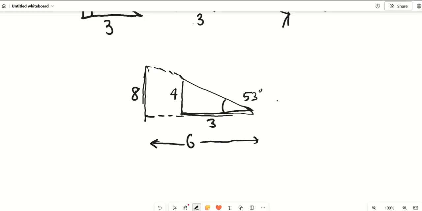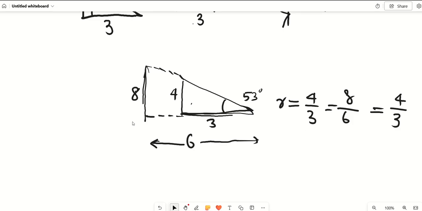So the ratio for the older version is 4 by 3, and the new version 8 by 6, again it is 4 by 3. So no matter how much you extend, whatever the triangle is, if the angle is 53 degree, then always the ratio of perpendicular and base is the same.